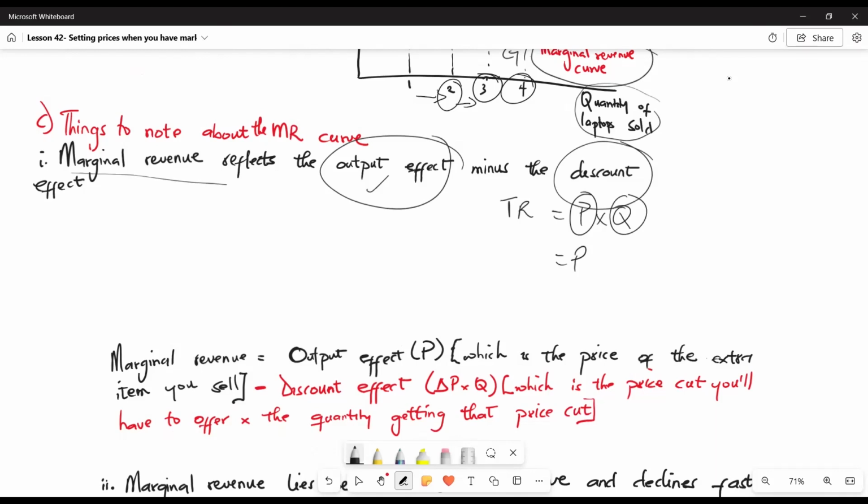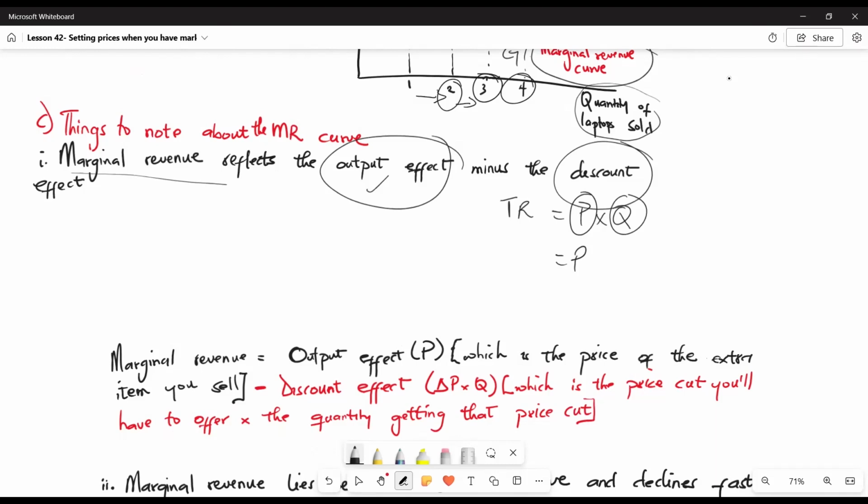Now, what is the discount effect? So the discount effect tells us that to sell one extra laptop, the seller will have to lower prices a bit, which will cut into the revenue. So remember that we're saying that firms usually trade off between higher prices and higher quantities. So with a typical demand curve, to sell an extra unit of a good, you usually have to charge a lower price. So that's where the discount effect comes in.